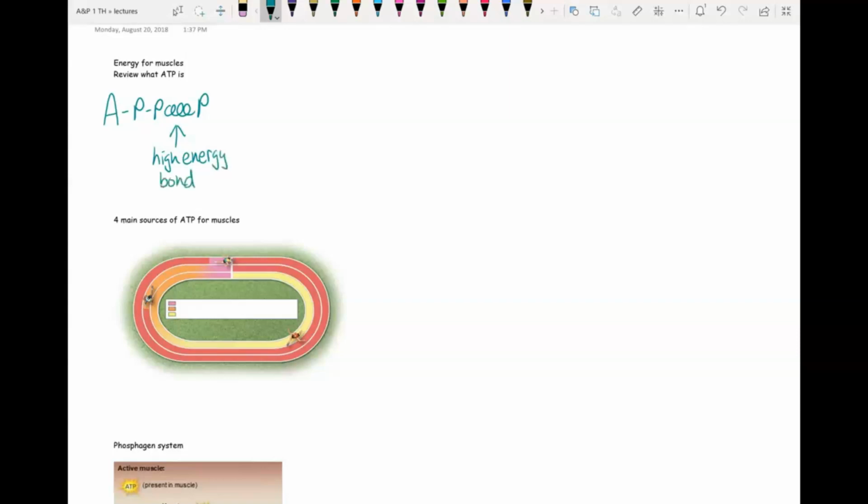Hopefully this is coming back to you from our Chapter 3 lessons. When you need energy, you break that bond. After you break it and the cell gets the energy, you are left with ADP, with the D standing for di, for 2. And then that phosphate you broke off is by itself.